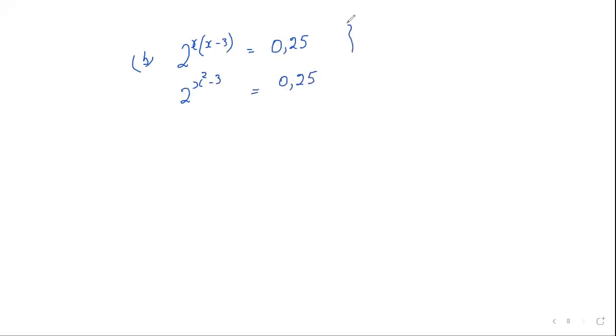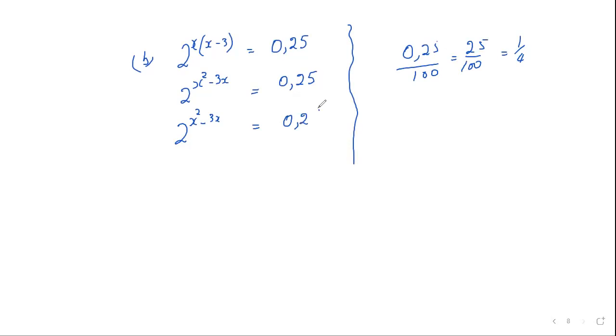Now 0.25 is a quarter. 25 once, 25 here 4 times. We said 0.25 is equal to 1/4.